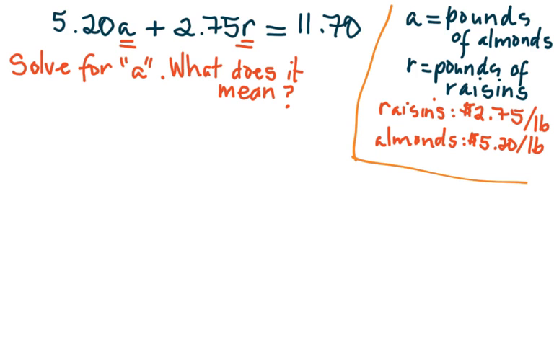So when I look at that equation up there, 5.20 is the price per pound of almonds, 2.75 is the price per pound of raisins, and 11.70 was the total.